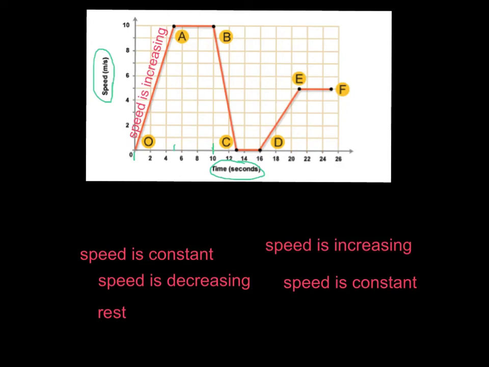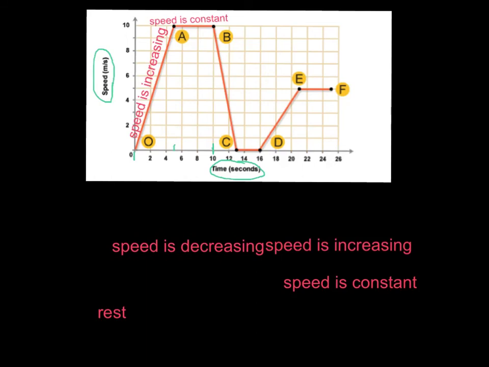It is staying at 10 meters per second. So we call that the speed is constant. It's not changing. And then from 10 seconds to 13 seconds, the speed is decreasing. And then from 13 seconds to 16 seconds, it's all the way at 0.